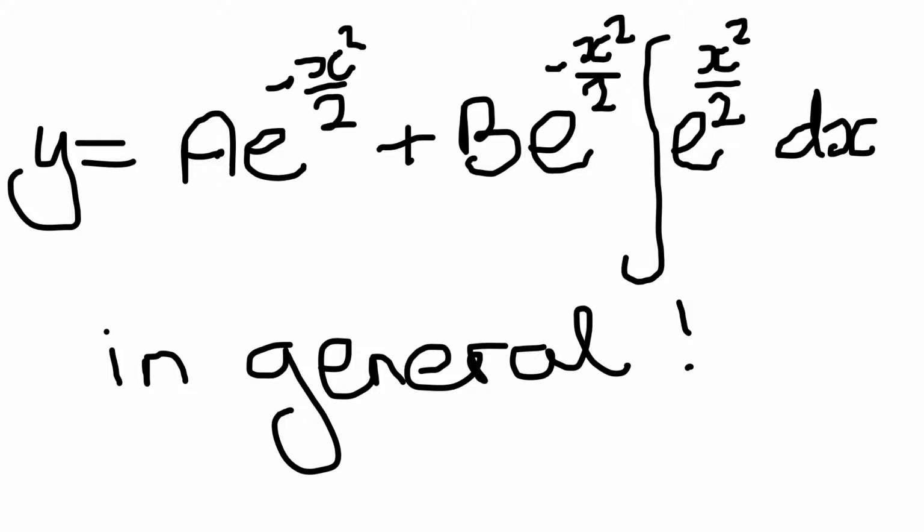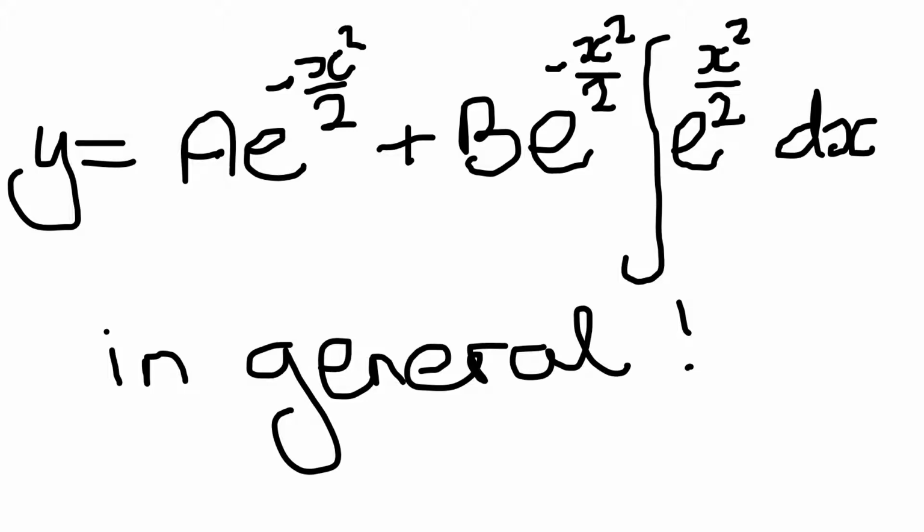And I've also called c3 a different constant, B. It doesn't really matter what you call them, because if you put the initial conditions in, you will find what the actual values of A and B actually are. But this is the actual solution to the original equation 1.